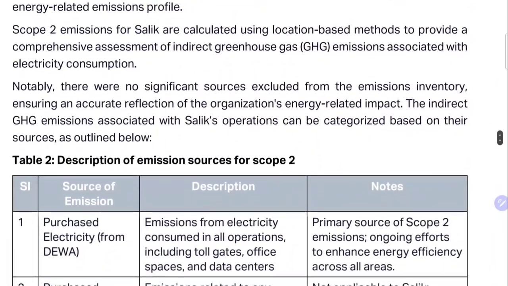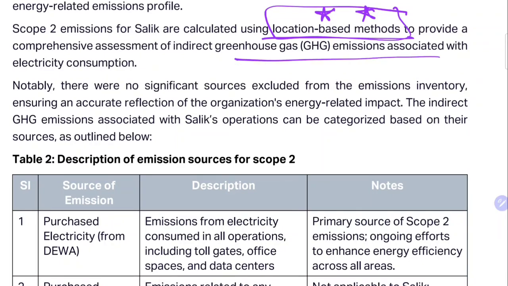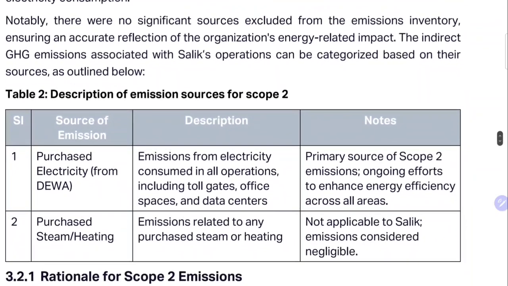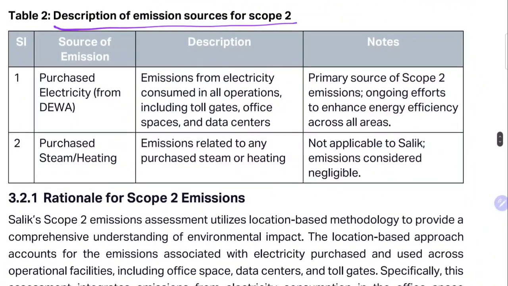The scope 2 emissions for the company are calculated using location-based methods. Very important: location-based methods provide a comprehensive assessment of GHG emissions associated with electricity consumption. There were no significant sources excluded from the emission inventory, ensuring an accurate reflection. Let us see the description of emission sources for scope 2.